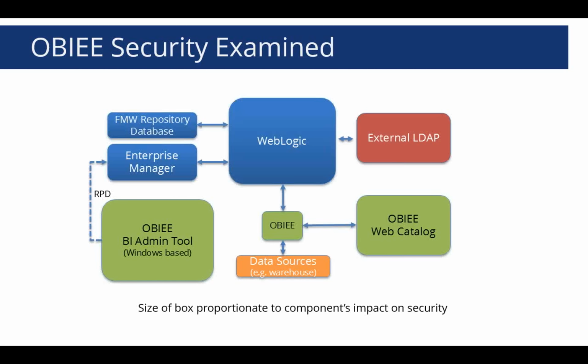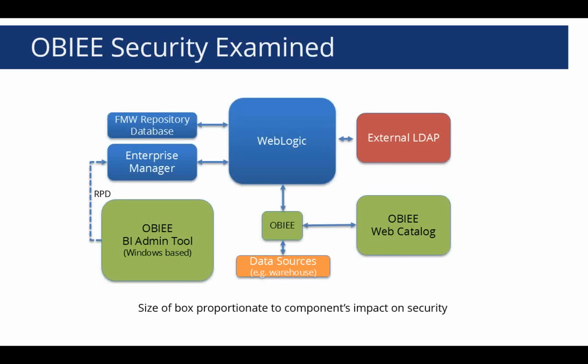We have Weblogic itself, we have the external authentication through the LDAP, we have the repository supporting the Fusion middleware product, we have Enterprise Manager. Within OBIEE, again, from a security perspective, what we're trying to do with you here today is walk through what needs to be considered or thought through as far as security for OBIEE. So I'm not going to be going into detail as to how to create dashboards or reports.